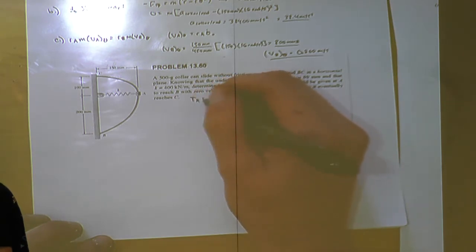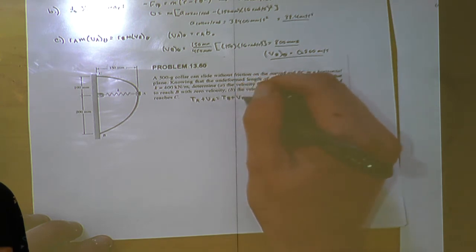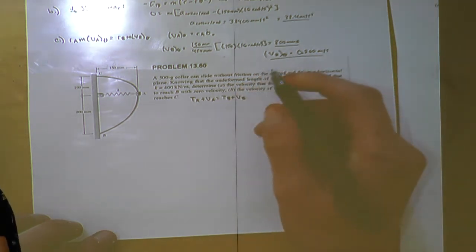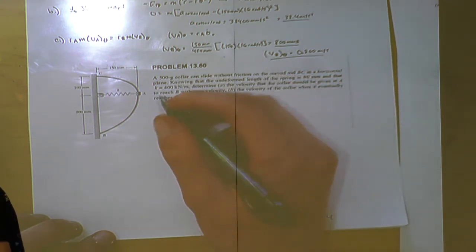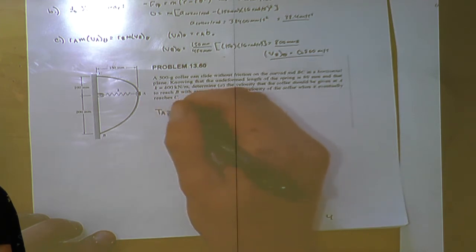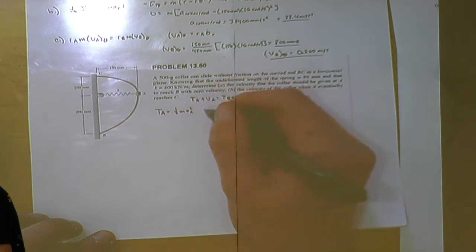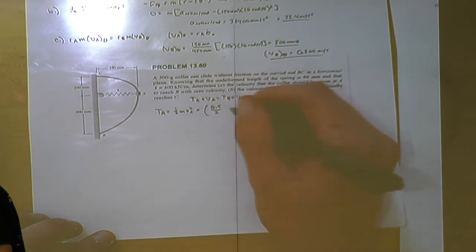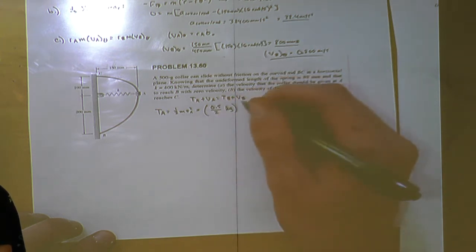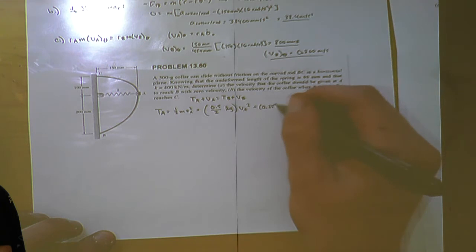We just have T_A plus V_A equals T_B plus V_B. T_A is 1/2 m v_A squared, which is 0.5 times 2 kilograms times v_A squared, or 0.25 v_A squared.